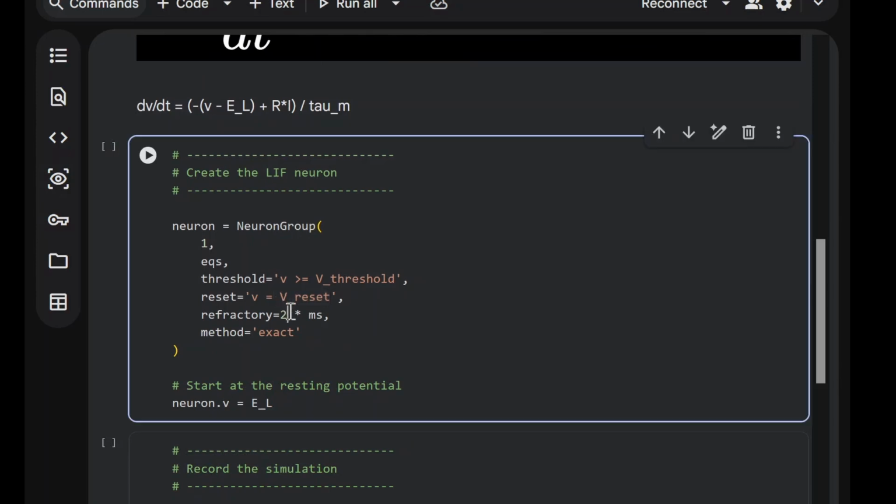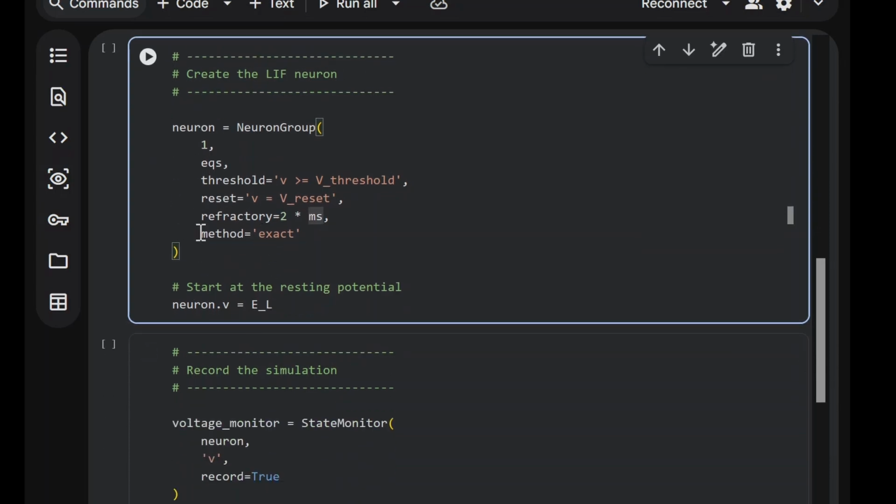Then we have something else called refractory. Refractory period is the time when a neuron is inactive. After a neuron spikes, it enters a refractory period, a small time in which a neuron cannot spike again. Then we have a method.